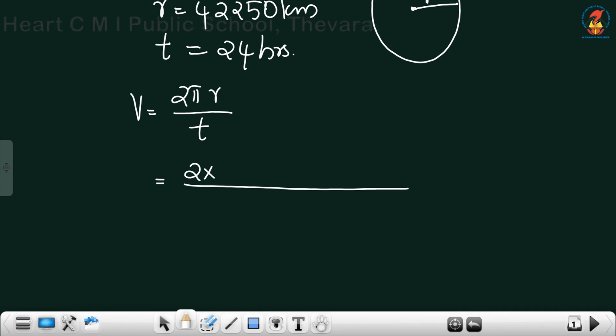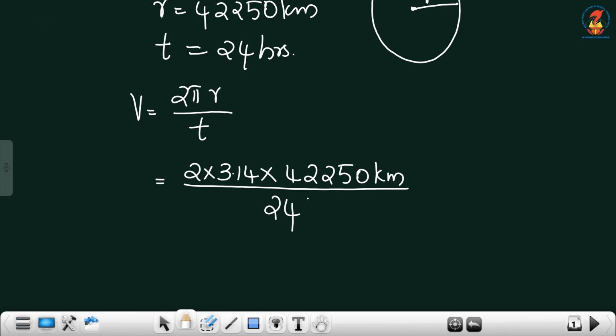So, 2 into 3.14 into 42250 kilometer divided by 24 hour. When you do it, you will get an answer. That answer into 5 by 18 gives meter per second.